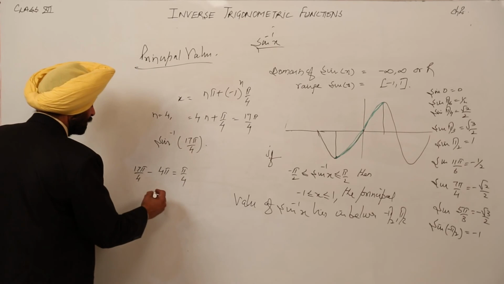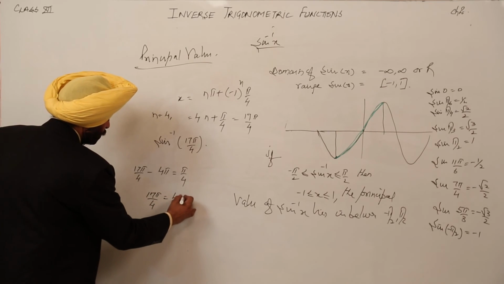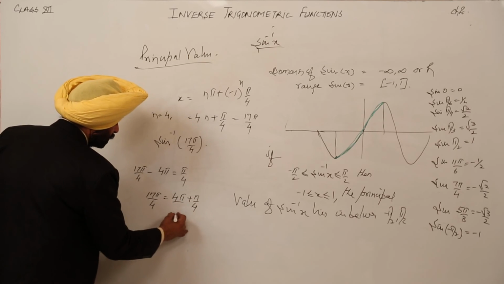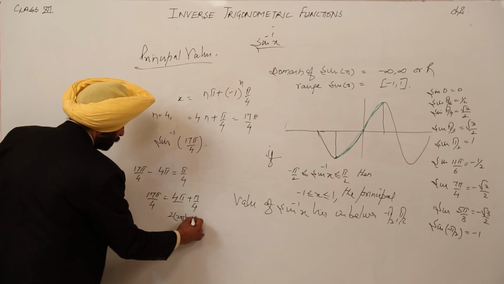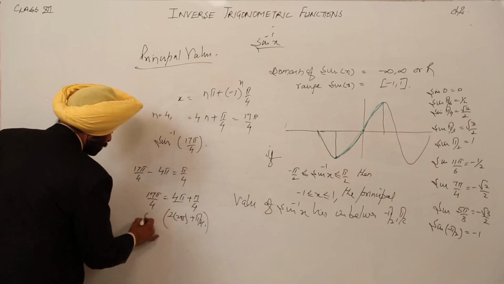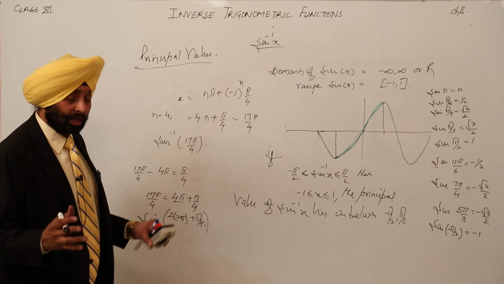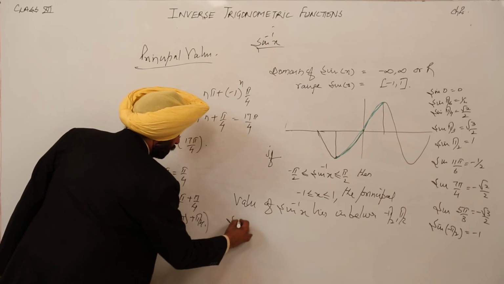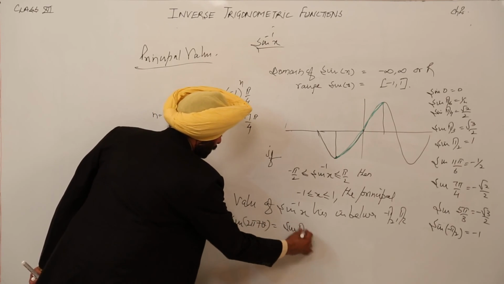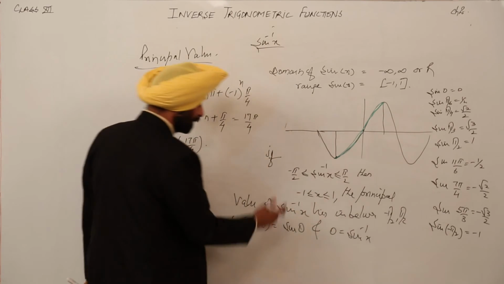Okay. Secondly, what can we write? 17 pi by 4 is equal to 4 pi plus pi by 4. 4 pi is what? 2 times 2 pi plus pi by 4. Now if we put this for sine, sine of 2 pi plus theta is equal to sine theta, and here theta is equal to sine inverse x, if we are taking this for the x.